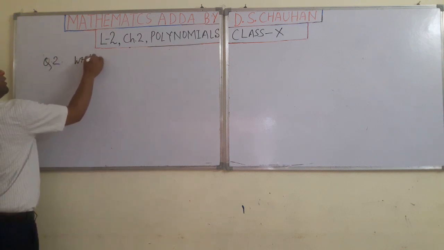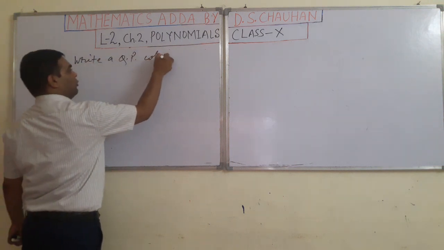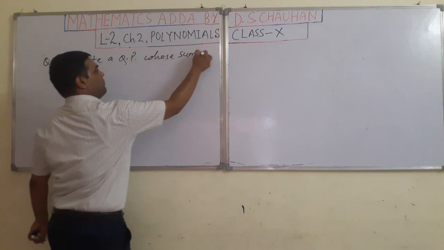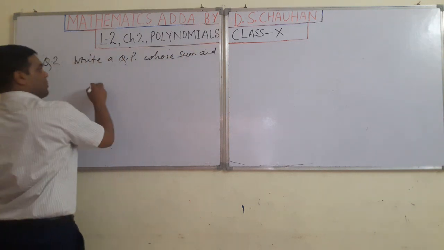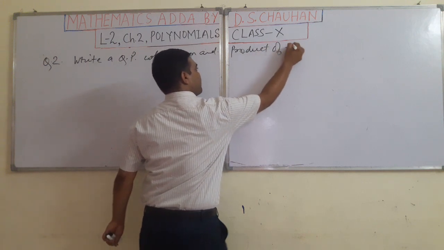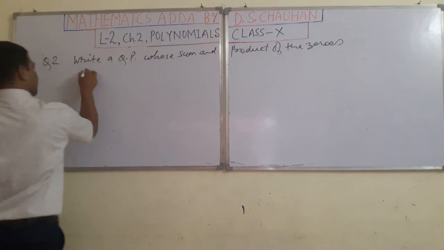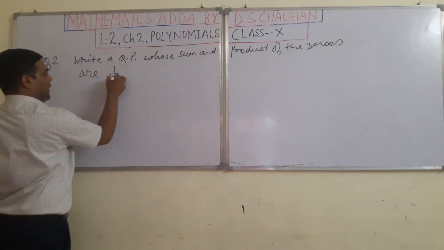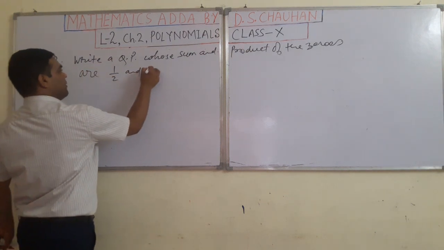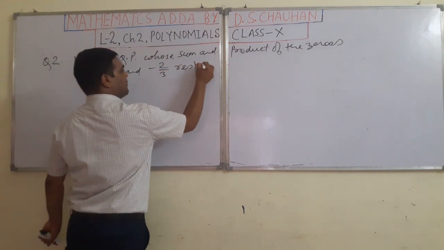Write a quadratic polynomial whose sum and product of the zeros are 1 by 2 and minus 2 by 3 respectively.